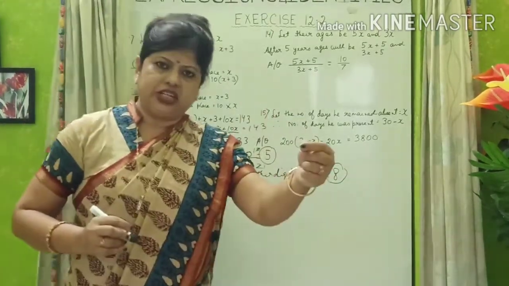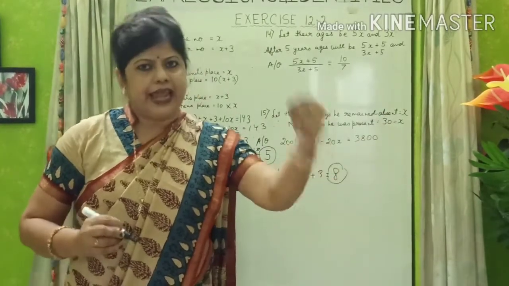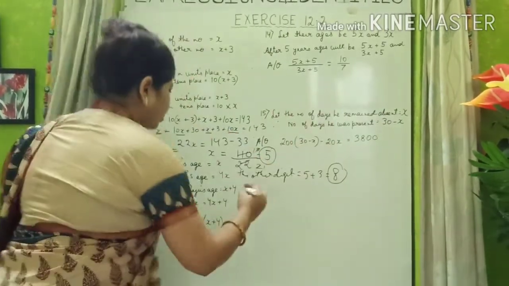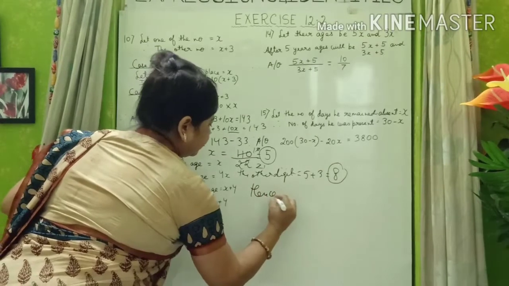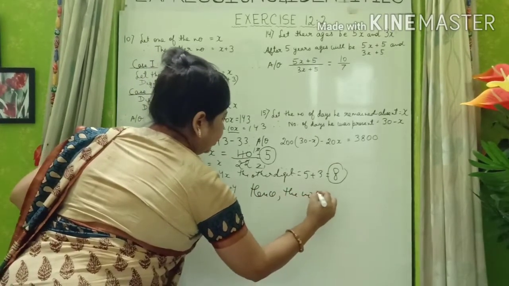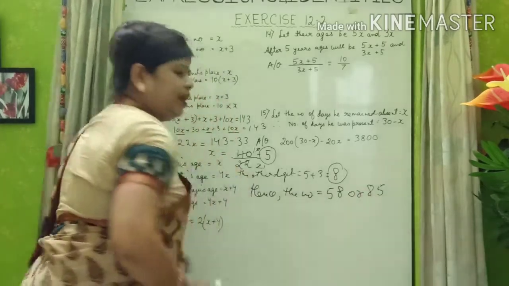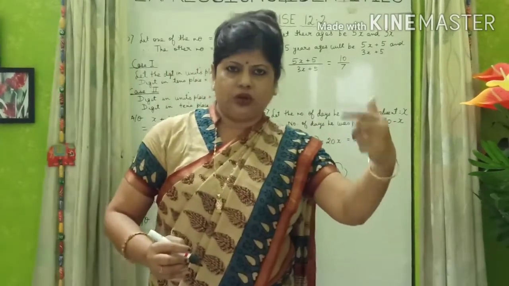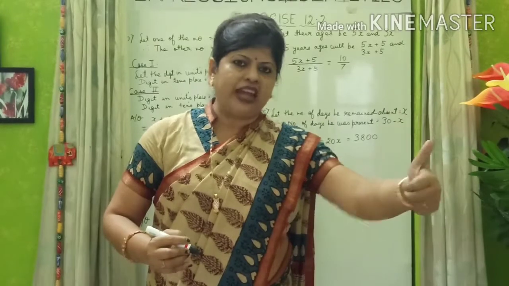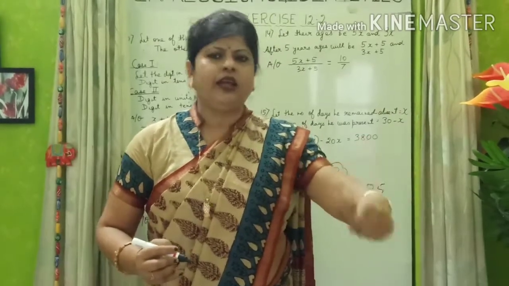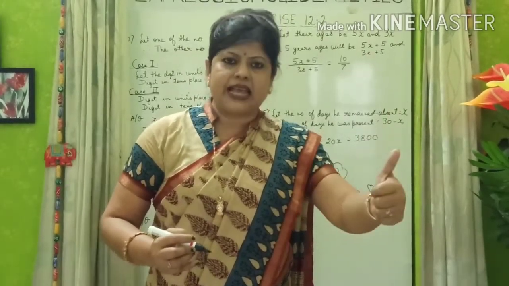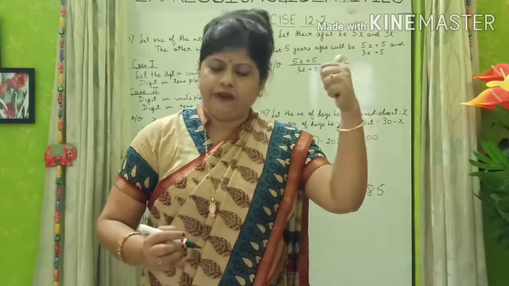So one of the digits is 5, the other digit is 8. So what will be the number? Hence, the number is either 58 or 85. Follow both the ways. If 5 is x, then it is 58. If my 8 is x, then the number is 85.